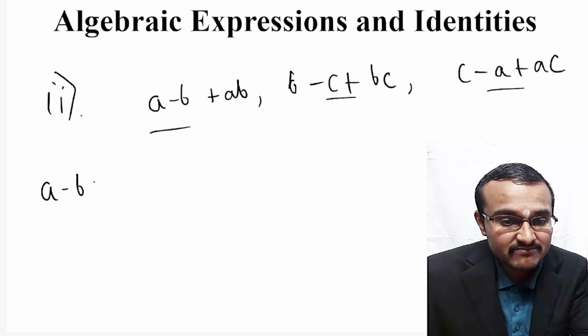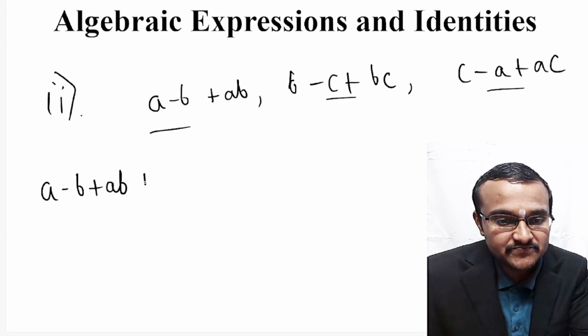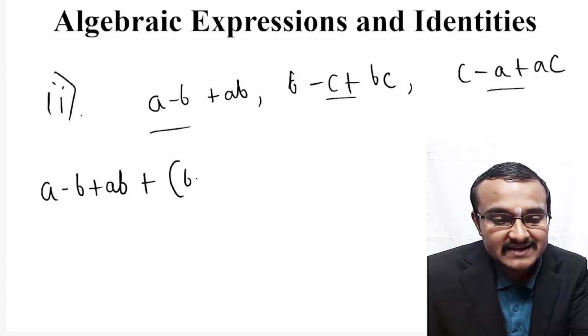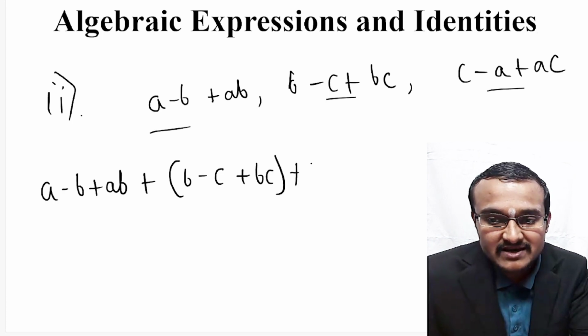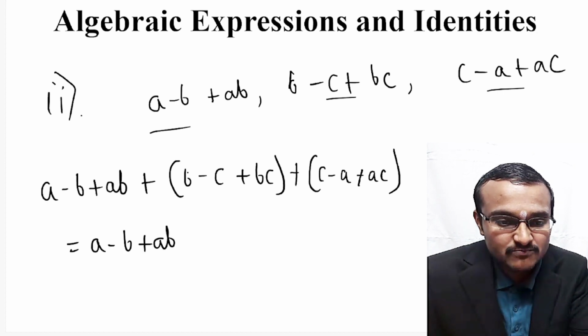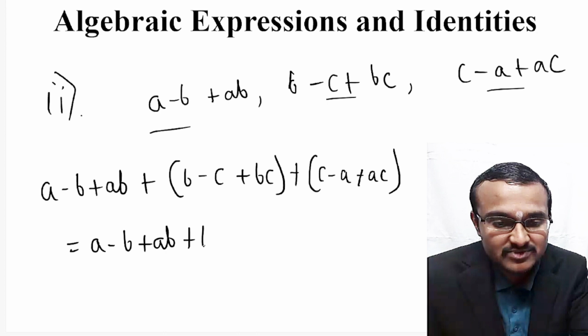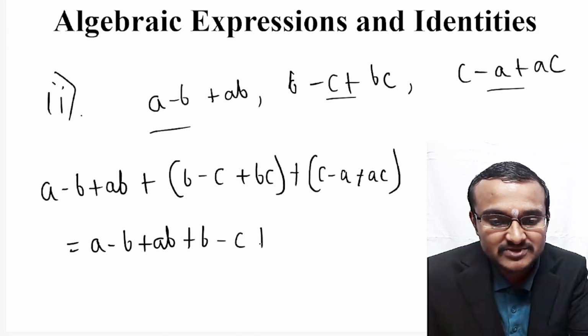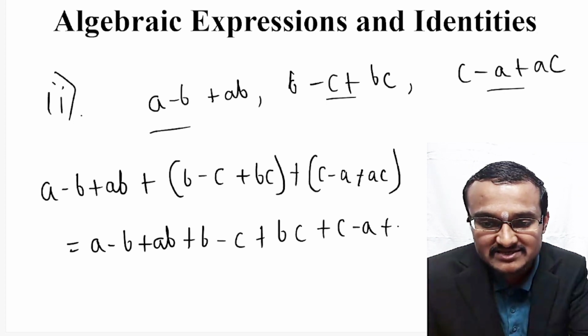So A minus B plus AB plus, write this second term inside a bracket, B minus C plus BC plus, write this third term inside a bracket, that is C minus A plus AC. Now remove the bracket. So A minus B plus AB will be there. So plus into plus will be plus, so plus B will be there. Plus into minus, it will be minus, so minus C will be there. Plus into plus, it is plus, so plus BC. Plus CA minus A plus AC.